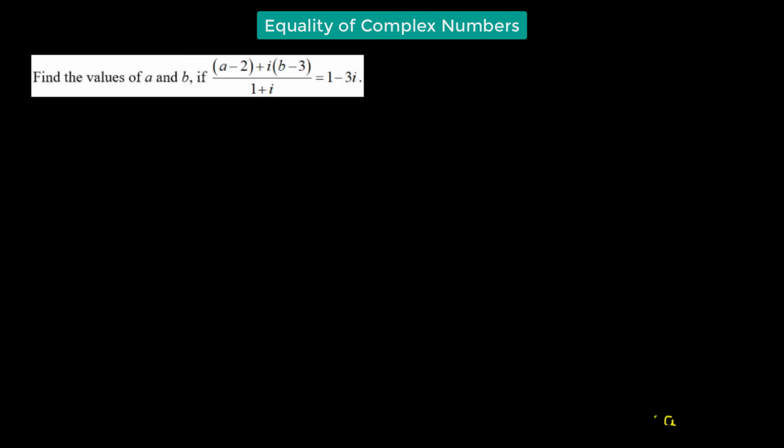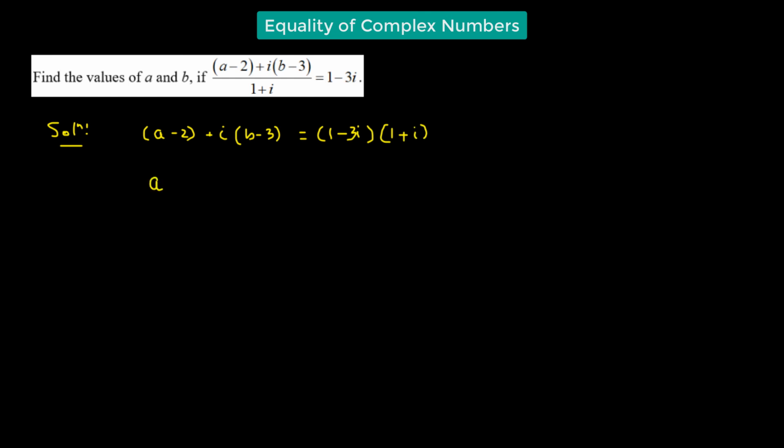So here in this question we have to determine the value of a and b for the given equation. So let us cross multiply. That leaves us with (a minus 2 plus i) times (b minus 3) equals (1 minus 3i) times (1 plus i).